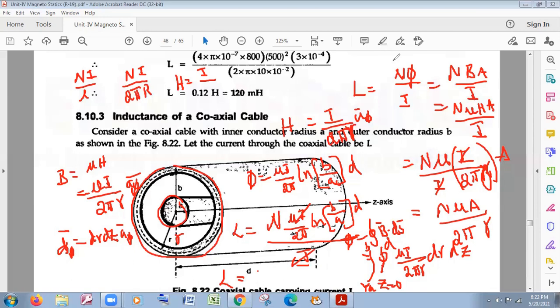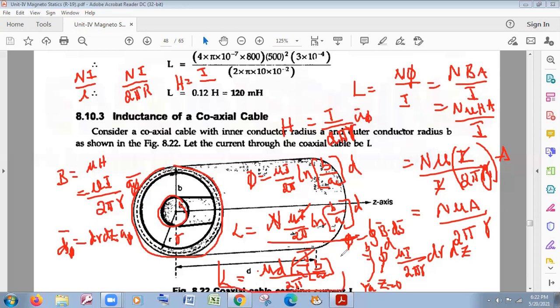Here there is no number of turns, my dear students. For the total flux, don't take n, because n phi is already there, so there is no n. We have mu d ln of b by a, whole divided by 2 pi.